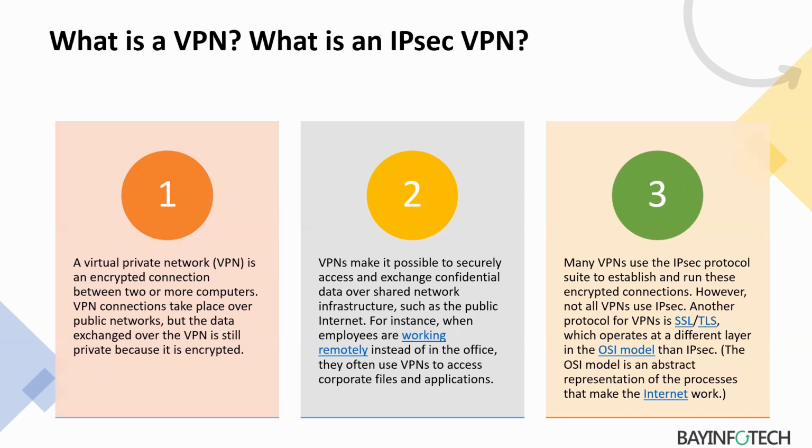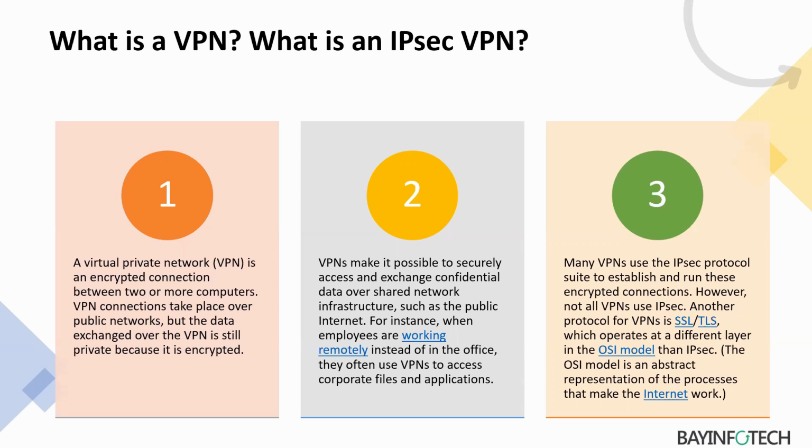VPNs make it possible to securely access and exchange confidential data over shared network infrastructure, such as the public internet. For instance, when employees are working remotely instead of in the office, they often use VPNs to access corporate files and applications.